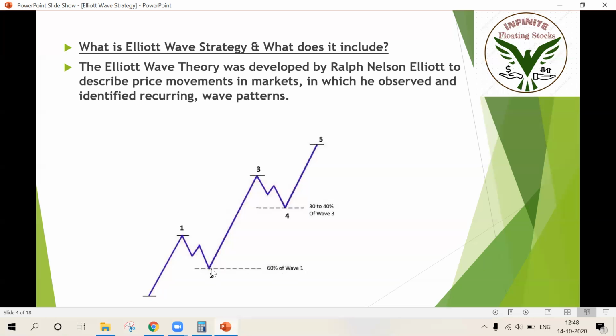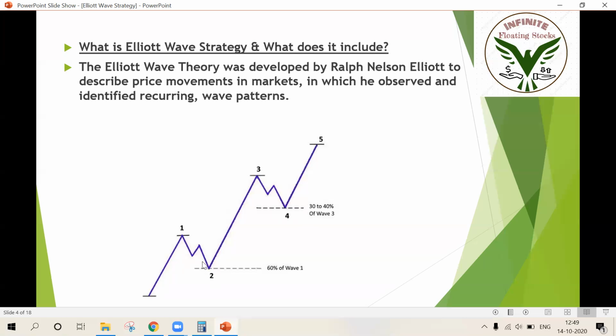So this is wave 3. 2 to 3 is wave 3, and look at the pullback. The pullback should be 30 or 40 percentage of wave 3. So this is wave 1, this is wave 2, this is wave 3, this is wave 4, this is wave 5. 0 to 1 is wave 1, 1 to 2 wave 2, 2 to 3 wave 3, 3 to 4 wave 4, and 4 to 5 wave 5.